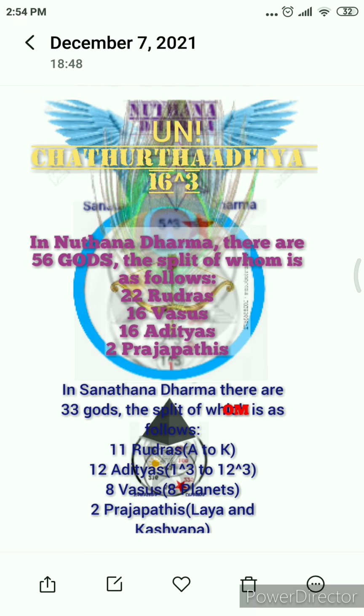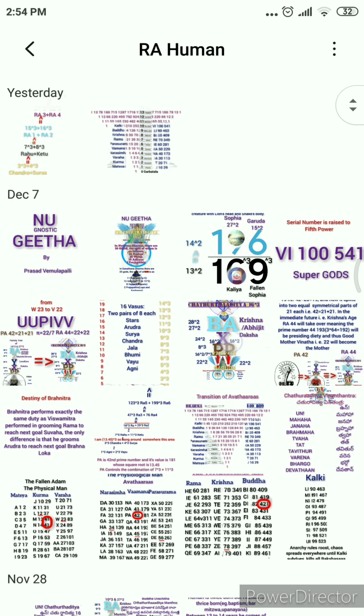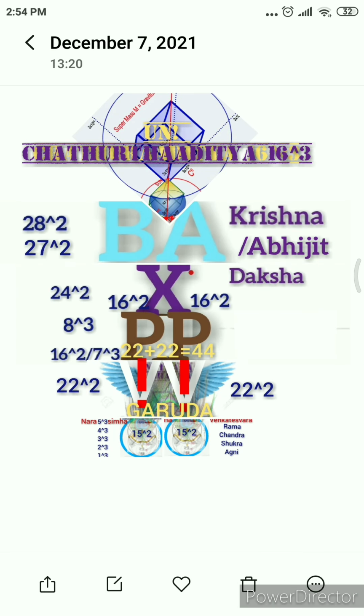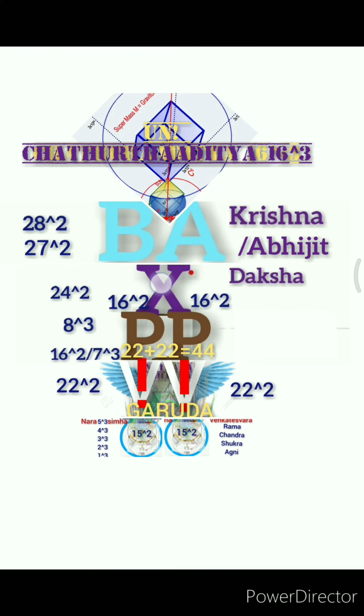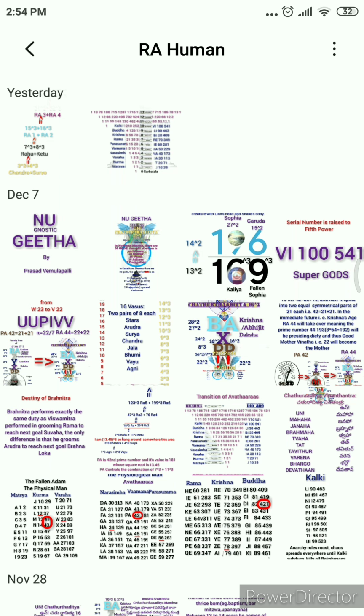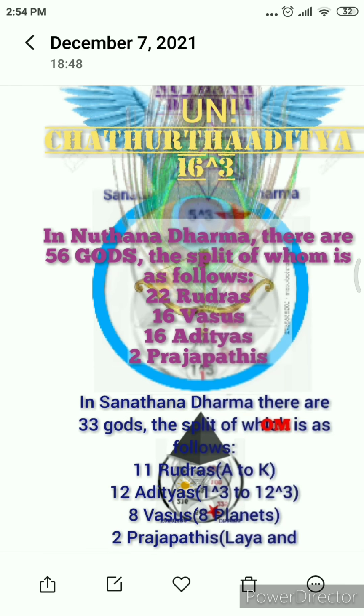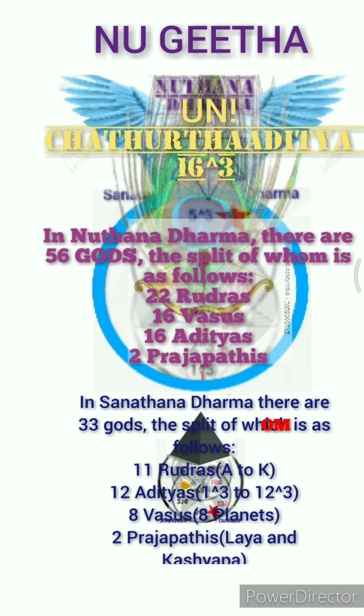The higher one is the 24th cube, that is 24 square, and 24 square's son will be 24 cube. That guy will naturally have 68 gods, but I restricted myself to 56 because my knowledge is restricted to 16 cube. So that is why instead of having 28 Adityas here, we have only 16 Adityas.